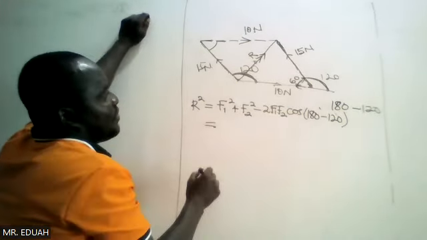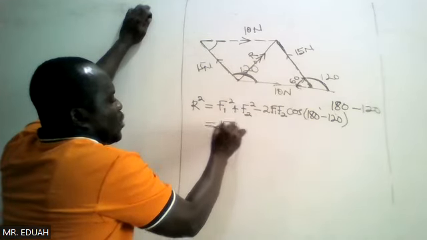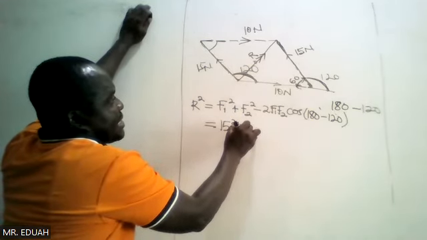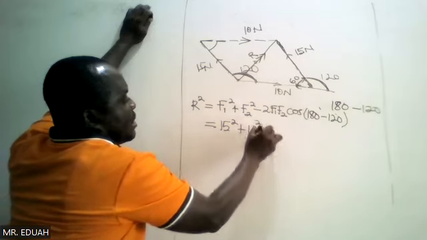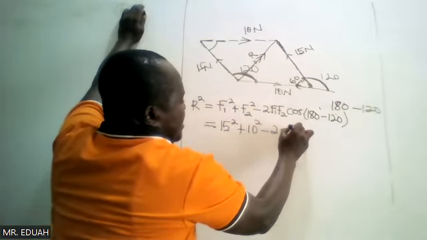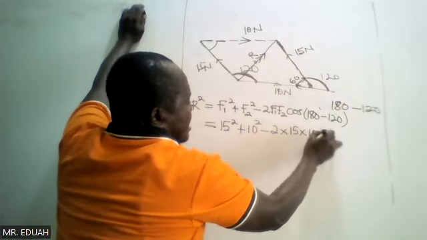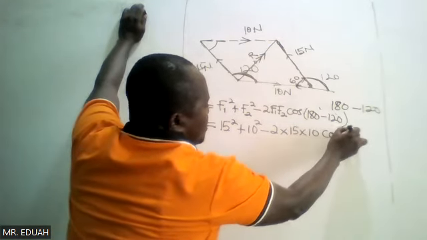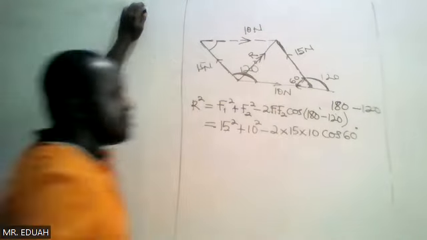Therefore, let's put in our values. 15 squared plus 10 squared minus 2 times 15 by 10 and the cosine of 60 degrees.